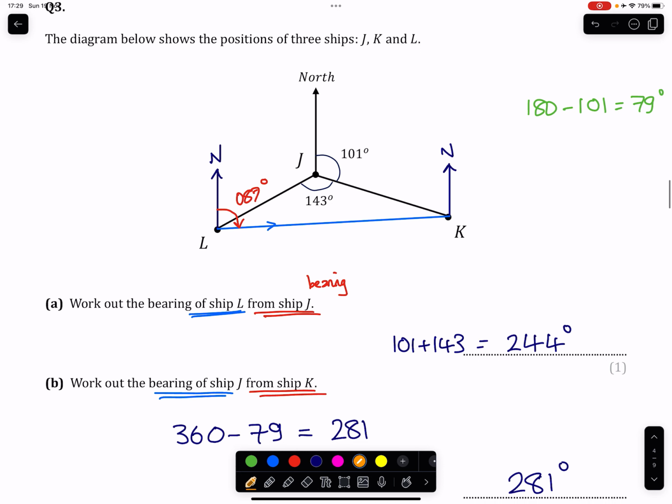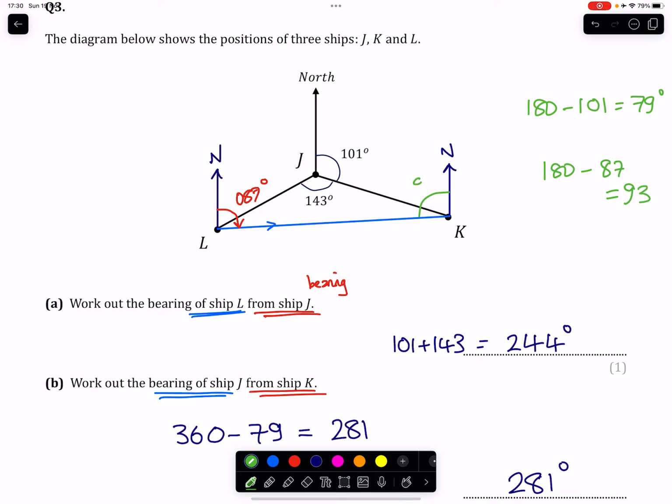Just to show how that would work in our picture if we wanted to start drawing. That 087 gives us the first of two co-interior angles. Again, using our north lines, we would end up figuring out that this is 180 minus 87, which is going to give us 93.